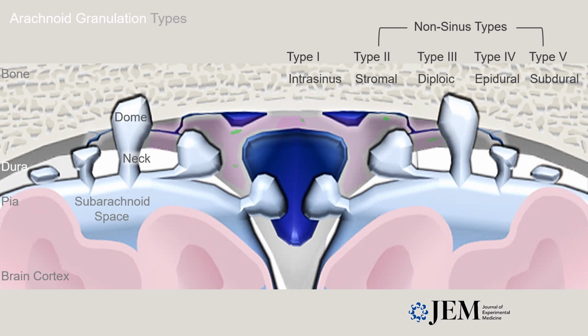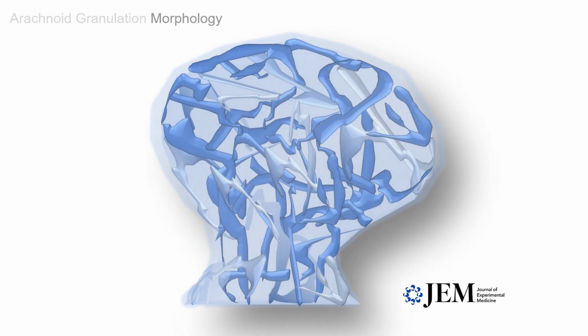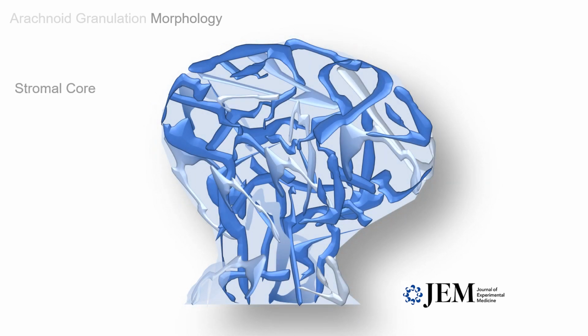Prominent morphological heterogeneity was also noted with regard to size, lobation, cellular constitution, and degree and type of encapsulation. Using immunohistochemistry-based techniques, we interrogated the internal structure and discovered that granulations are composed of a collagenous framework.